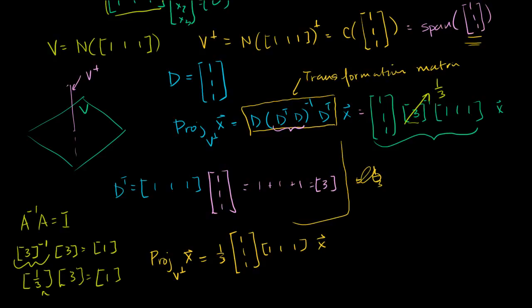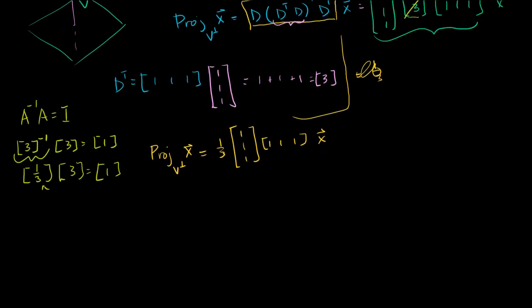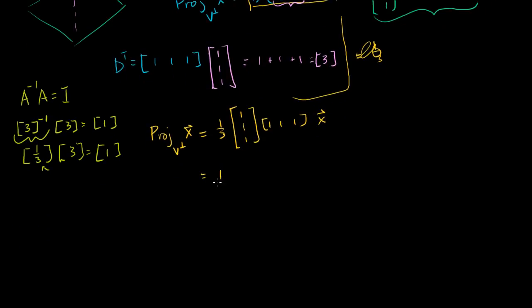Now, what is this going to be equal to? This is going to be equal to 1/3 times, we have a 3 by 1 times a 1 by 3 matrix. So it's going to result in a 3 by 3 matrix. And what do we get? This first entry is going to be 1 times 1, which is 1. Second entry is going to be 1 times 1, which is 1.